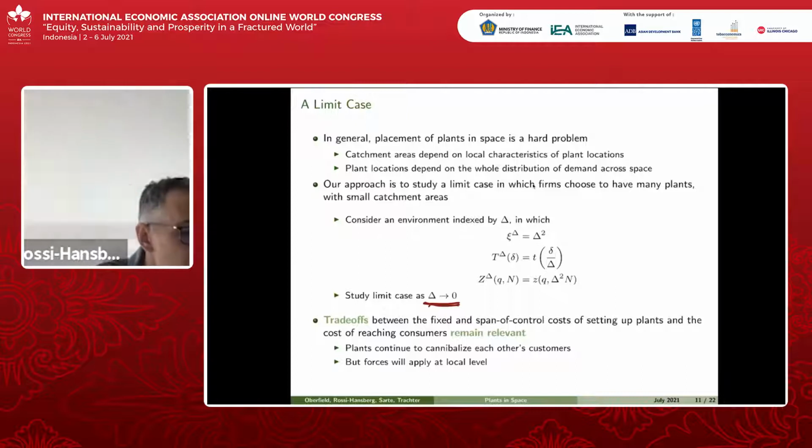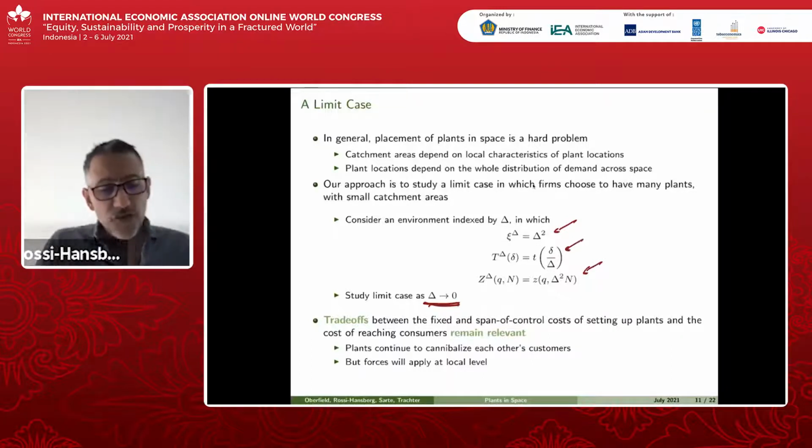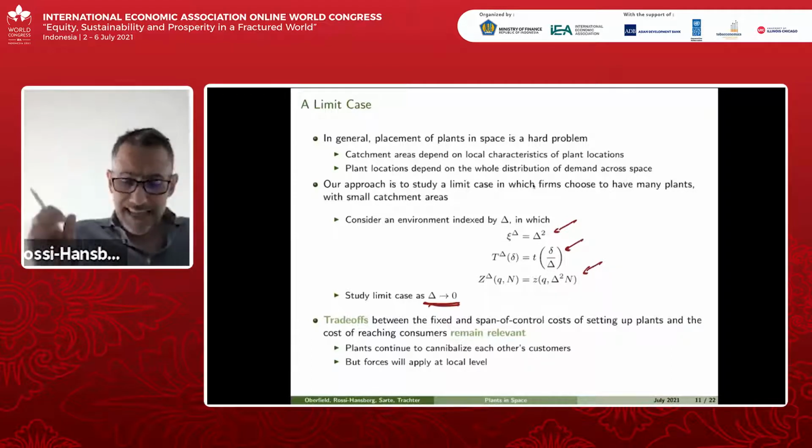And so as delta goes to 0, we're going to make the fixed cost of setting plans go to 0. We're going to make the span of control cost go to 0 as well. And we're going to make transport costs go to infinity. And so what does that do?